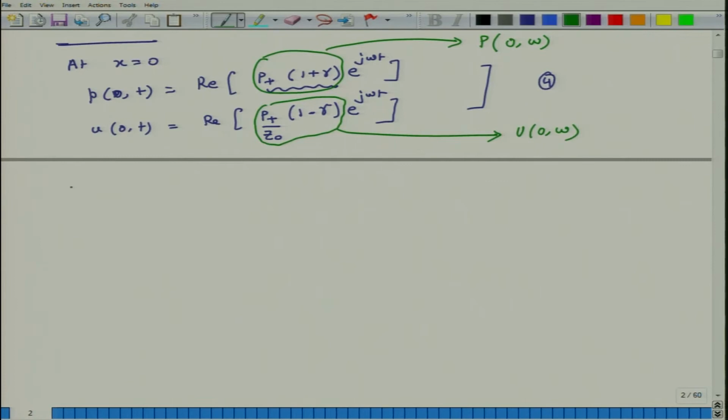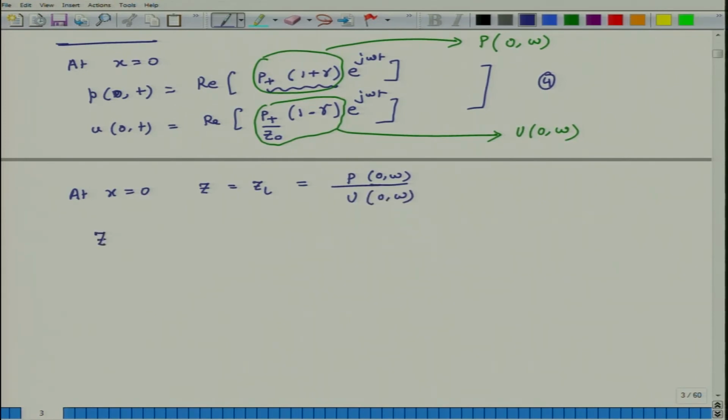Now we know that at x equal to 0, the impedance is Z, and that is equal to ZL. How do we define impedance? It is nothing but the complex amplitude of pressure at location 0 divided by the complex amplitude of velocity at location 0.